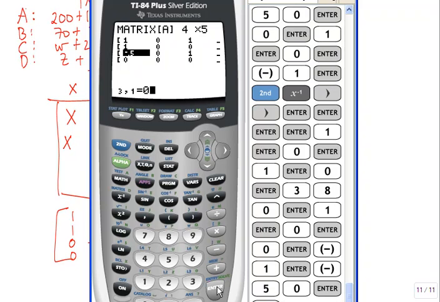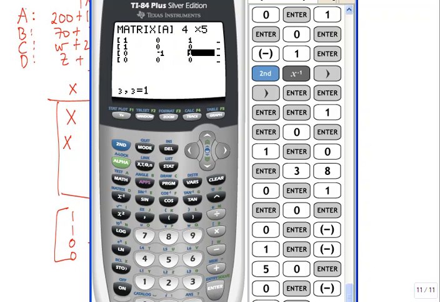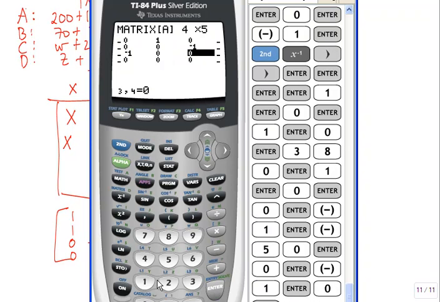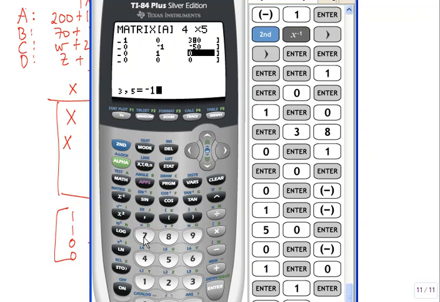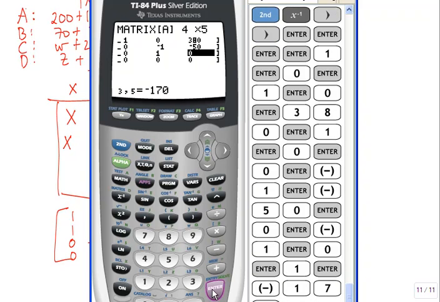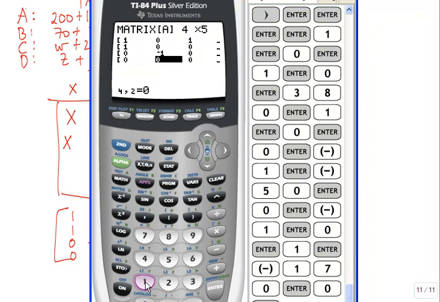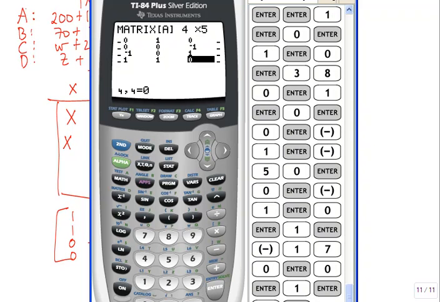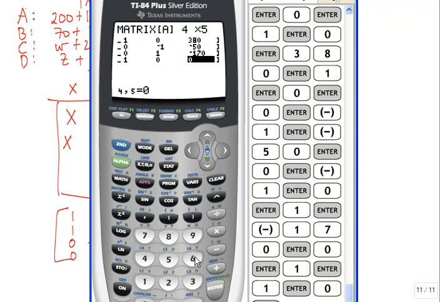Row 3, 0, -1, 0, 1, -170, and then the final row was 0, 1, 1, 0, 600.